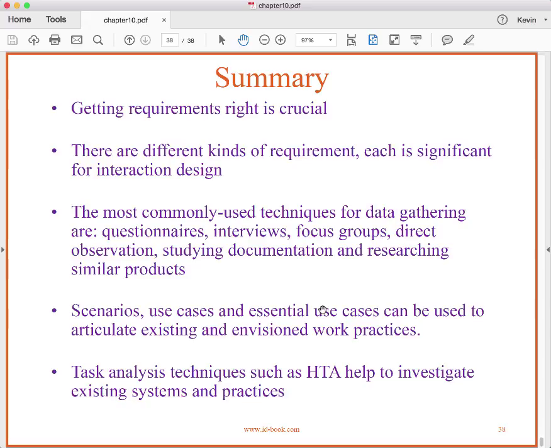How do we embody the requirements? Well, we typically describe activities, and we could describe them with scenarios. We could use use cases.